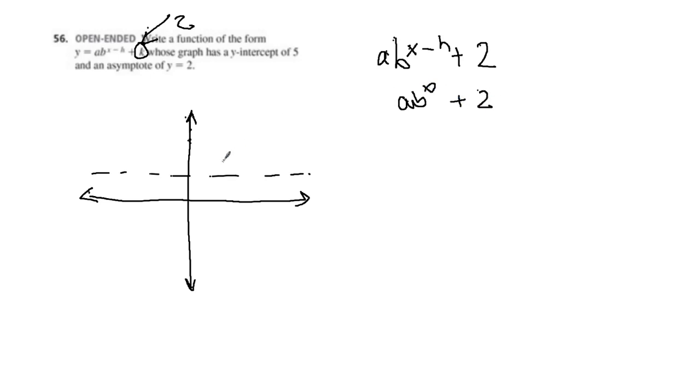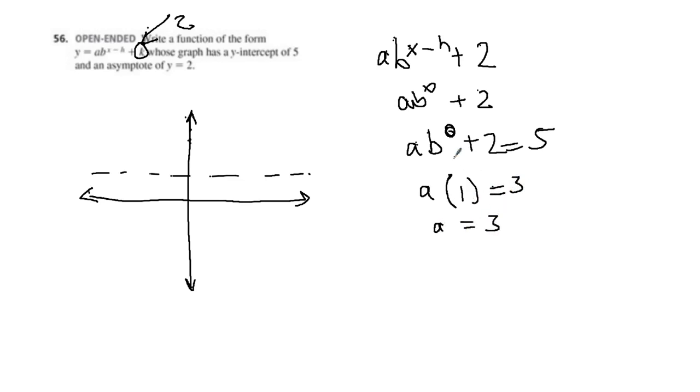Now when x is equal to 0, that's the y-intercept. So now we need a times b to the 0, plus 2, equal to 5. Any number to the 0 power, even negatives, is 1, so a times 1 equals 3. So a can just be 3.